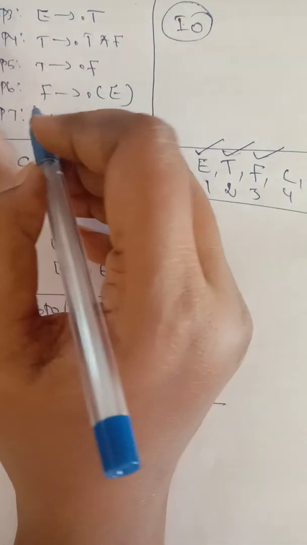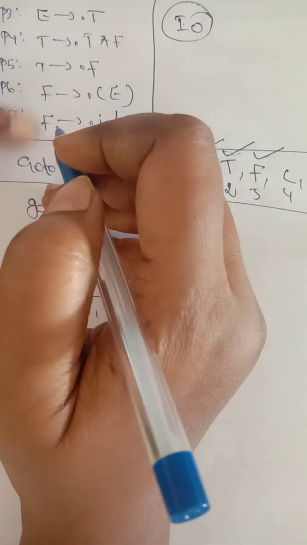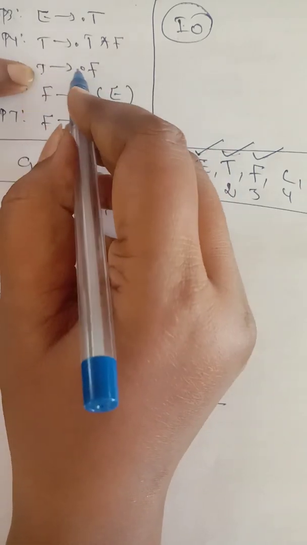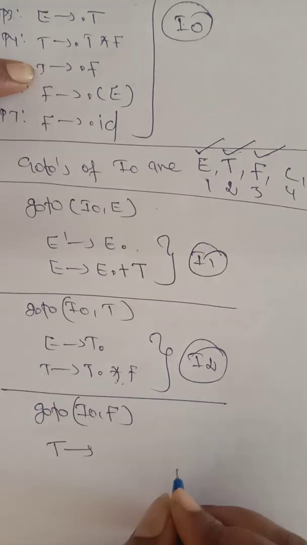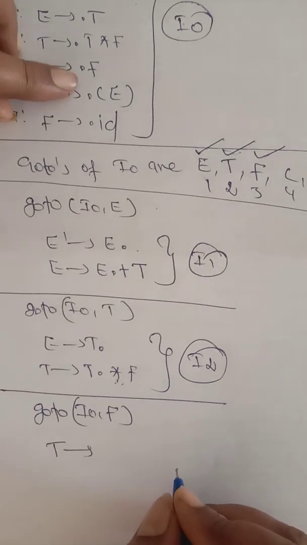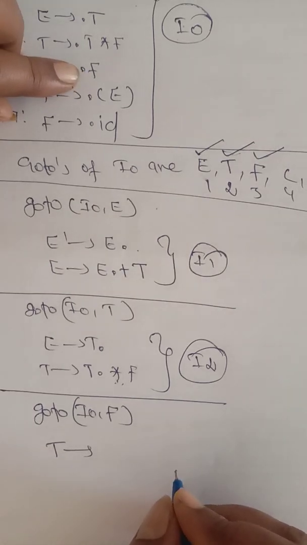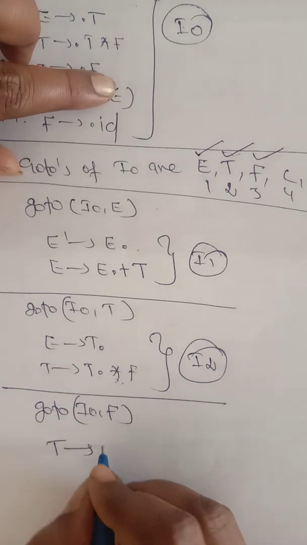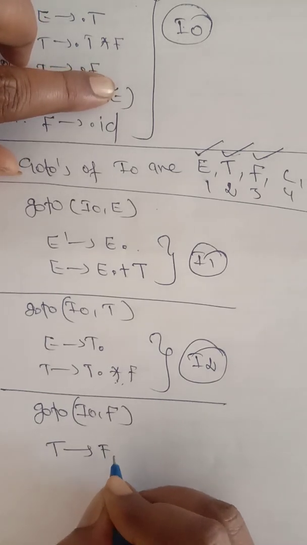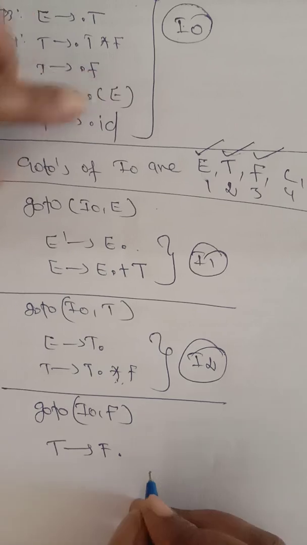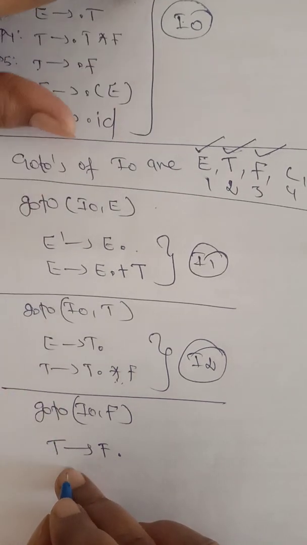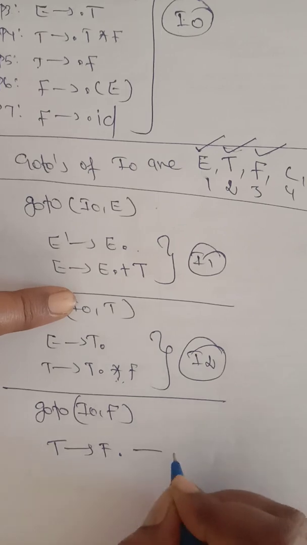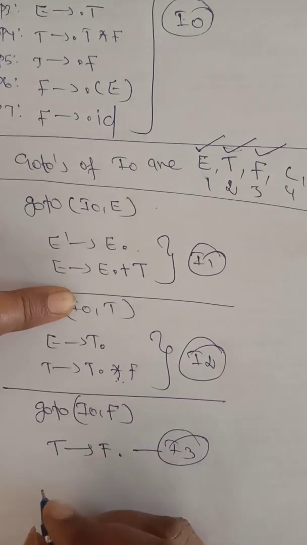Where we are having F in the entire term: T → dot F. Then applying goto, the dot operator will be moved to the right side. So here we are having F dot. Compare T → F dot with the available sets; it does not match. So give a new name, that is I3.